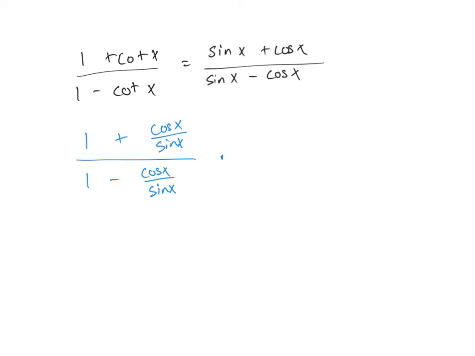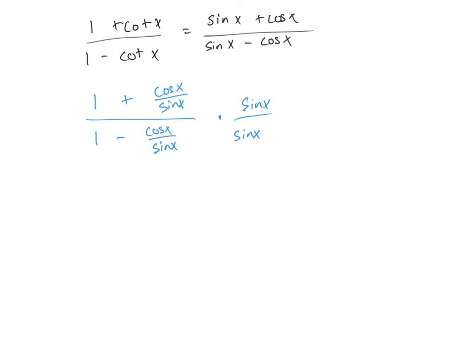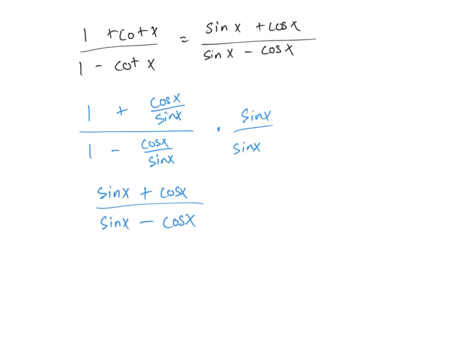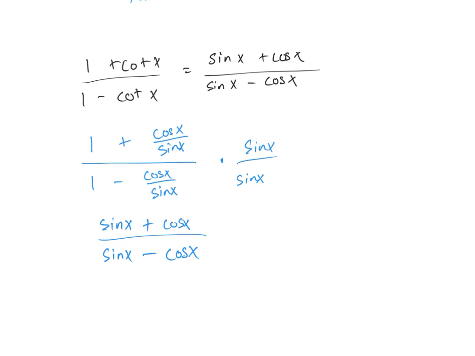If I multiply the numerator by sine of x and the denominator by sine of x, I get, not cosine, I get sine of x plus cosine of x over sine of x minus cosine of x. And within that, I solve my identity.